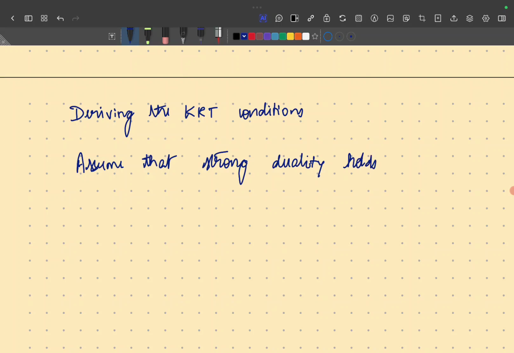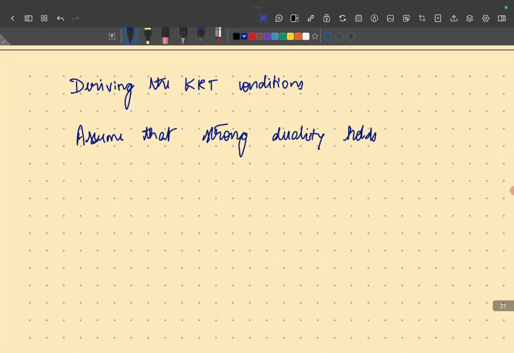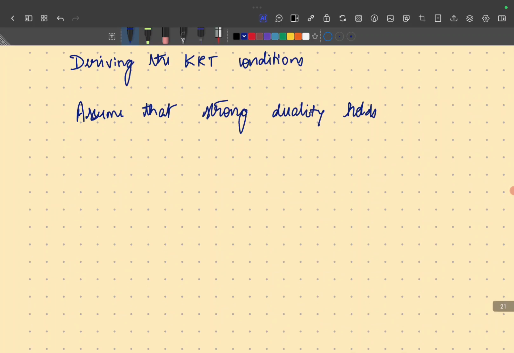We'll first see how the KKT complementary slackness conditions just come about. All right. So let's start with the following quantity. So we are assuming that strong duality holds. So in other words, P star is equal to D star.